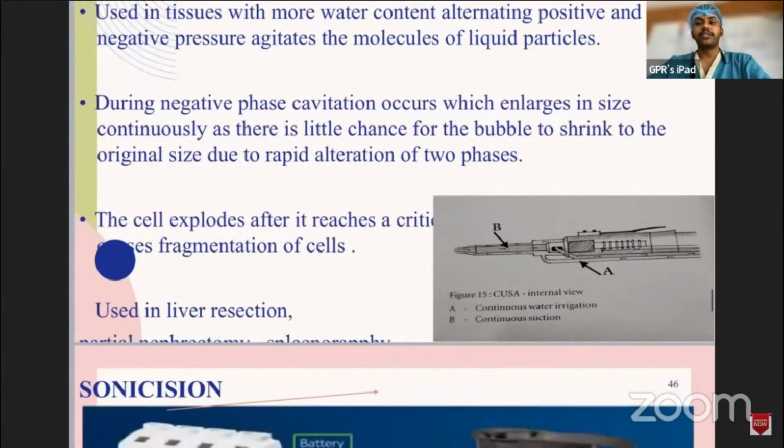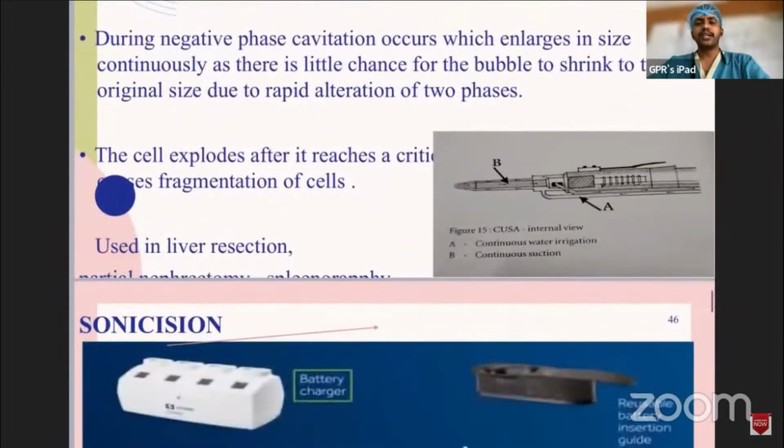During the negative phase of this cavitation, the bubble enlarges in size continuously, and there is a chance of bubbling within the tissue and rapid alteration of the phases. The cell will explode into fragments, and they will be taken away by the suction. This is used for liver resection, sometimes for nephrectomy.